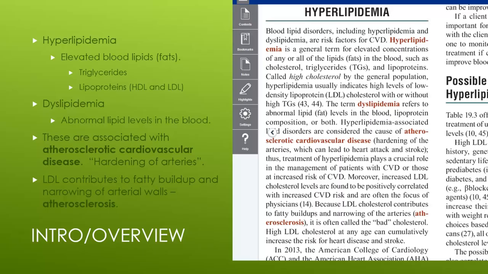Dyslipidemia is a condition that's an abnormal lipid level in the blood. So these are associated with atherosclerotic cardiovascular disease. Say that one fast quickly, huh? Which is basically a hardening of the arteries, and that can lead to heart attack or stroke. And it makes sense in terms of every time the heart contracts, squish, it's exerting force because of the blood being forced into the vascular system.